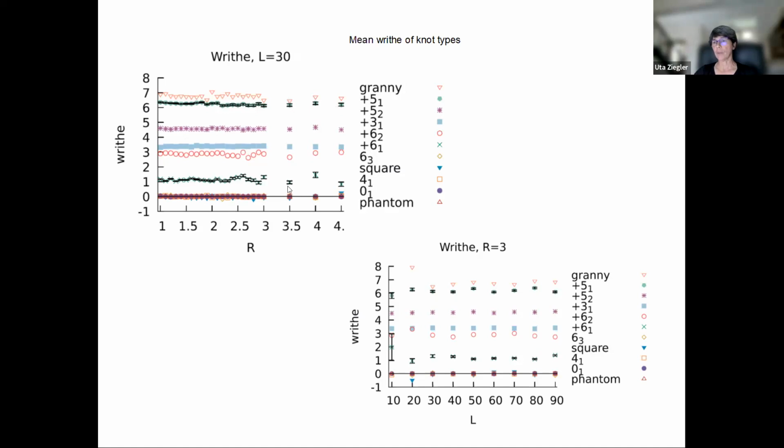And then you can see the other ones above. What you notice is that they're basically steady. And if you're looking at the height relative to the length, it's steady too. So the height seems to be not affected by the confinement radius or by the length.